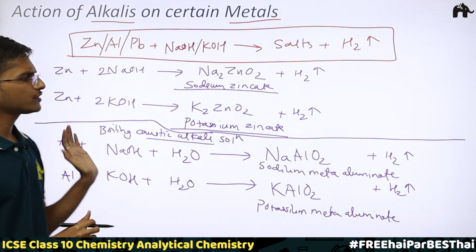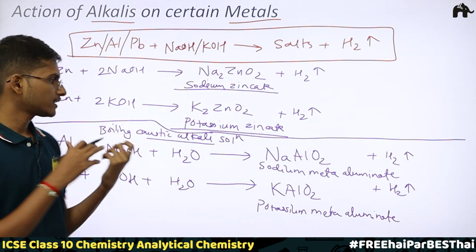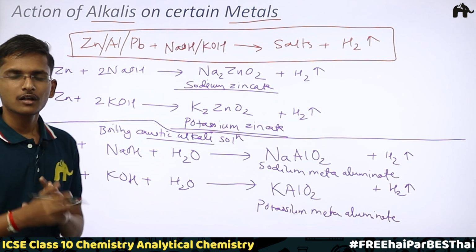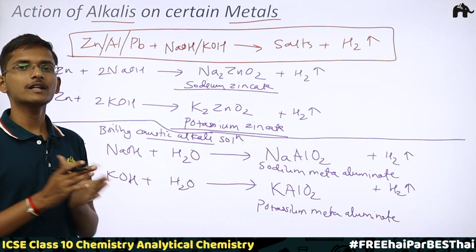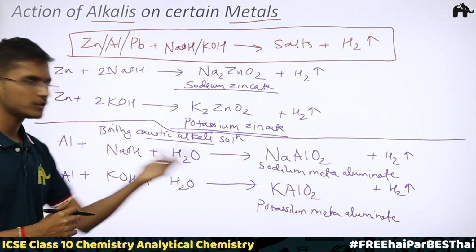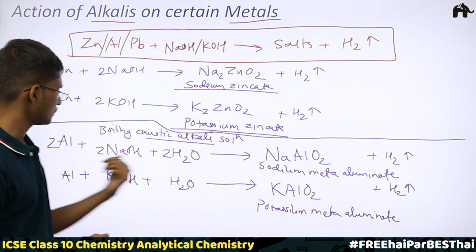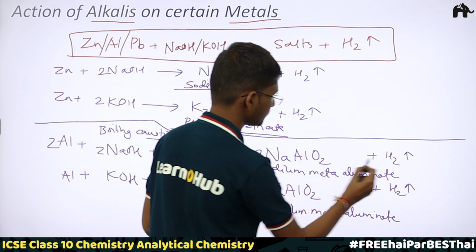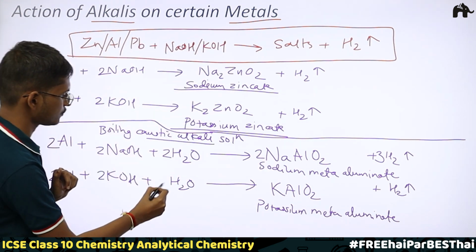Now the last part is to balance the reaction. You try on your own to balance the reaction. I'm directly writing the numbers because we won't waste time, it's very basic now. You know how to balance reactions. So pause here, try to balance the reaction, then unpause again and you will see the right answers. So 2Al, 2NaOH, 2H2O, and then 2NaAlO2 and 3H2. Same goes with this: 2Al, 2KOH, 2H2O.